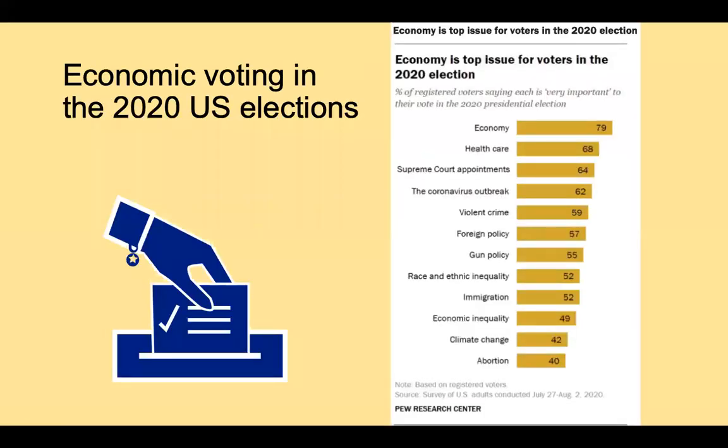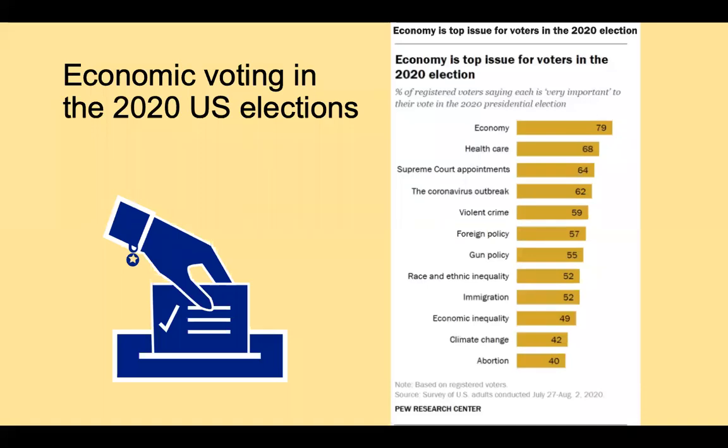Now, economic voting did originally develop in the United States, out of observations about US voting. And in the United States, economic voting has been especially important because of the growth of the economy and the United States' role in the world economy. And so people have always been concerned about the economy from the very beginning, it seems like, since they started studying this years and years ago.